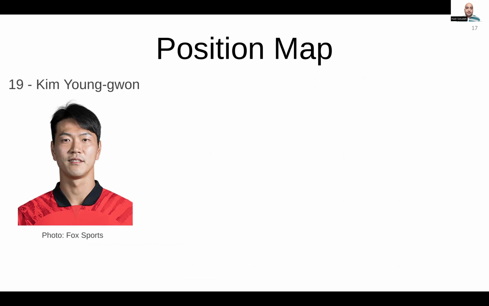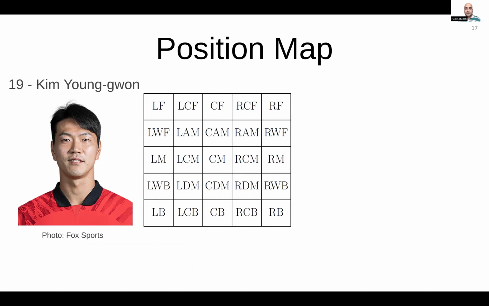We can pick the same player, number 19, that we have seen before. As we said, we have 25 positions for each frame that this player can be assigned to one of them.